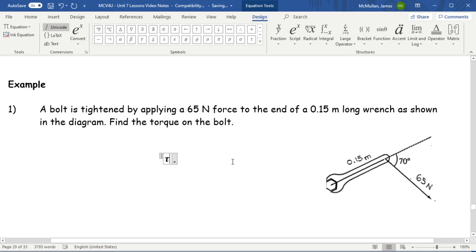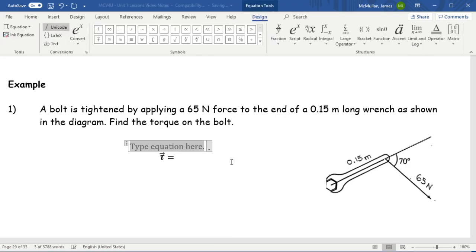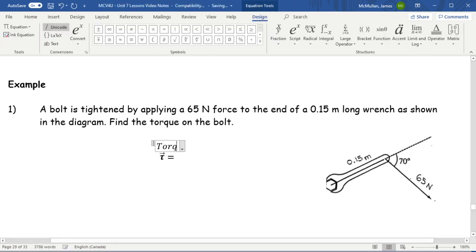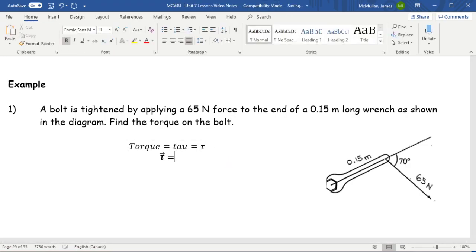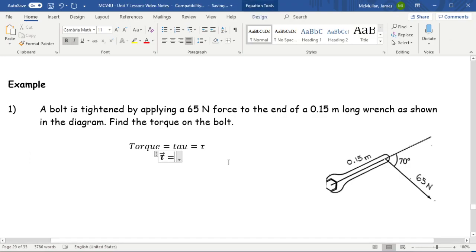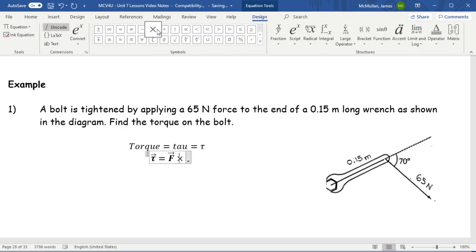Now, unlike work, torque is a vector. I'll just write this one. Torque, tau, that symbol. Okay, so torque is equal to the force, so F vec, crossed with the R vec. Okay, so you cross the force vector with the radius vector.